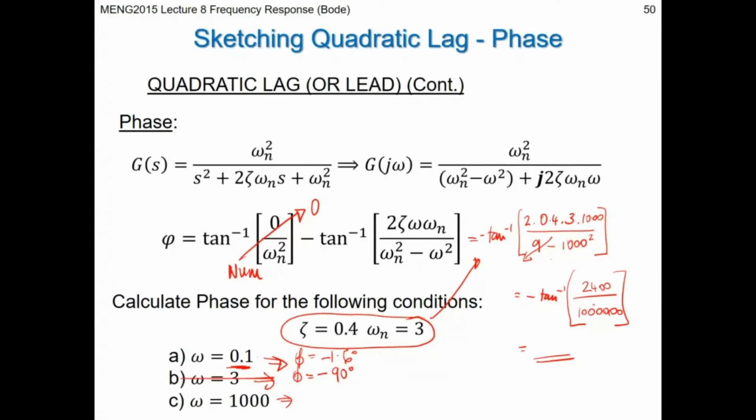So that's approximating to about 0.024, right? So it's close to 0. So what's the inverse tan of 0?